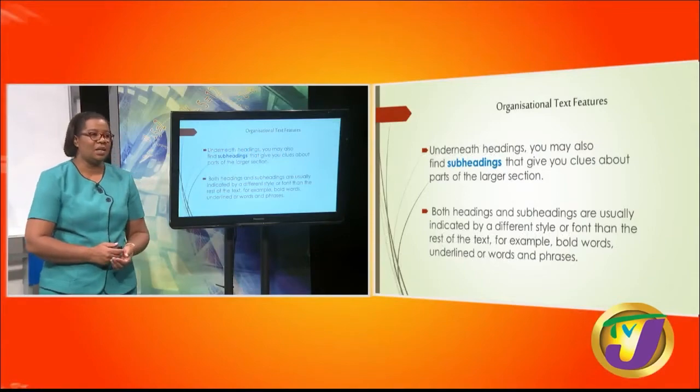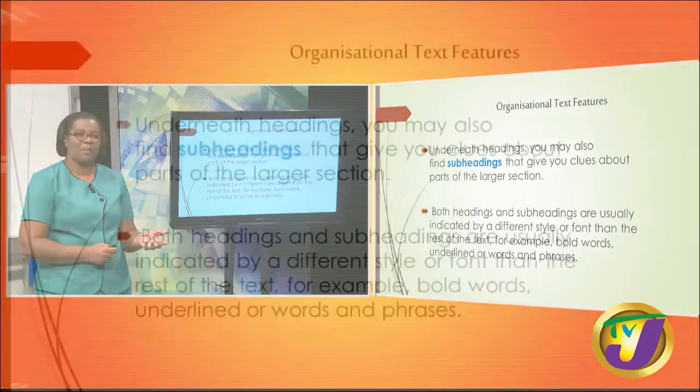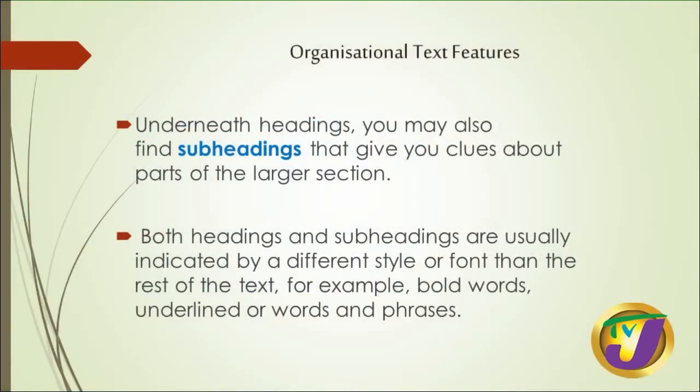Underneath headings, you may also find subheadings that give you clues about parts of the larger section. Both headings and subheadings are usually indicated by a different style or font than the rest of the text. For example, you may see bold words, underlined words, or underlined phrases.